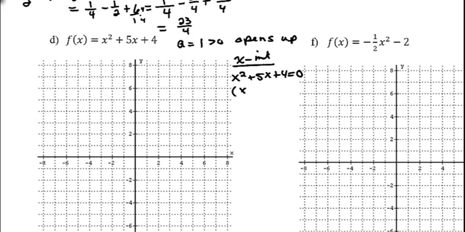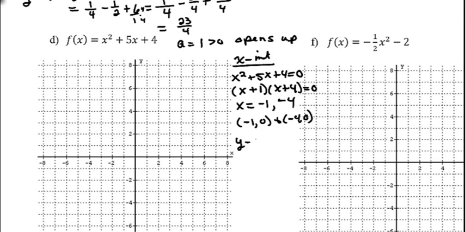And this one does factor. We want to factor 4, so the sum gives us 5, so that would be +1 and +4. So when you set x plus 1 equal to 0, you get x equals -1, and when you set x plus 4 equal to 0, you get -4. So our x-intercepts are -1, 0 and -4, 0.